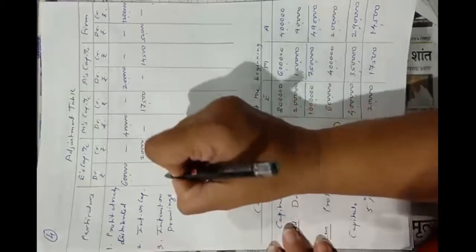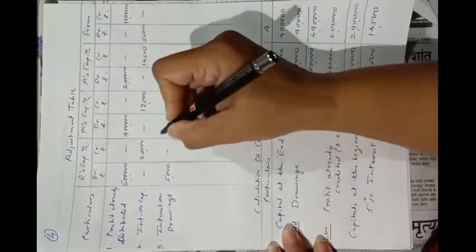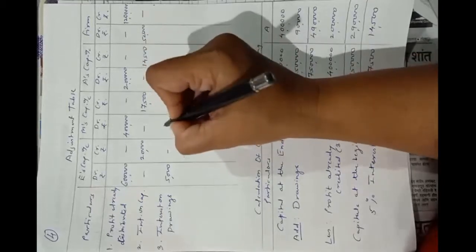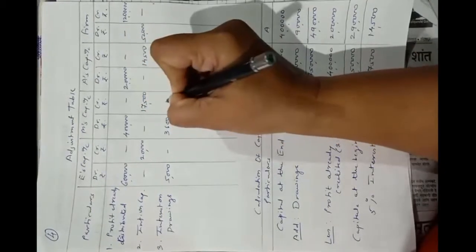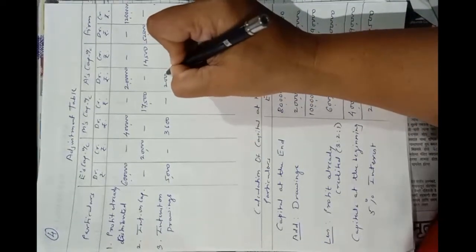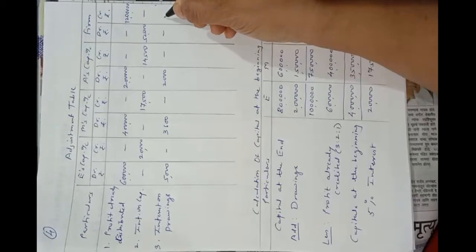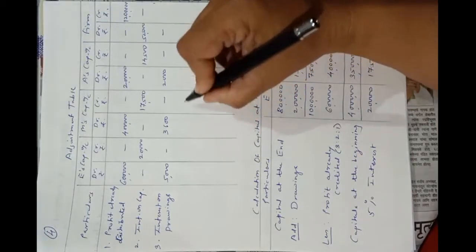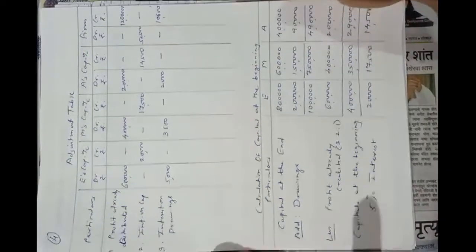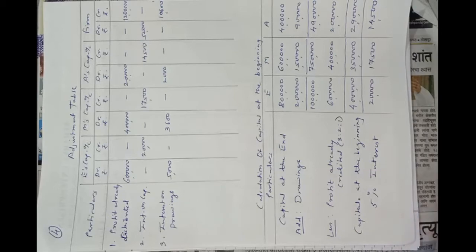So 5,000 will be debited to E's account, then 3,600 to M's account, 2,000 to A's account, and so amount credited to firm's account will be the total of these three amounts, so it is 10,600. This interest is charged on partners' drawings made by them.